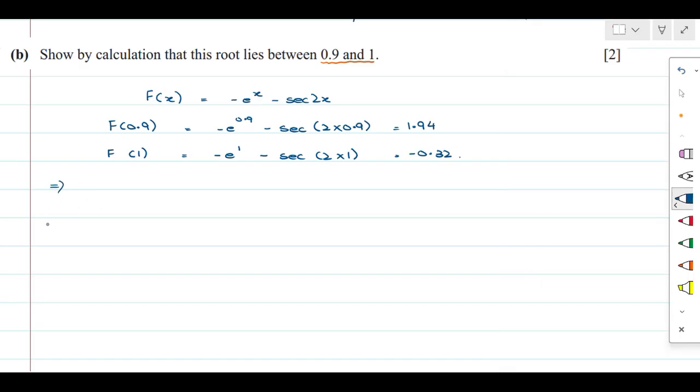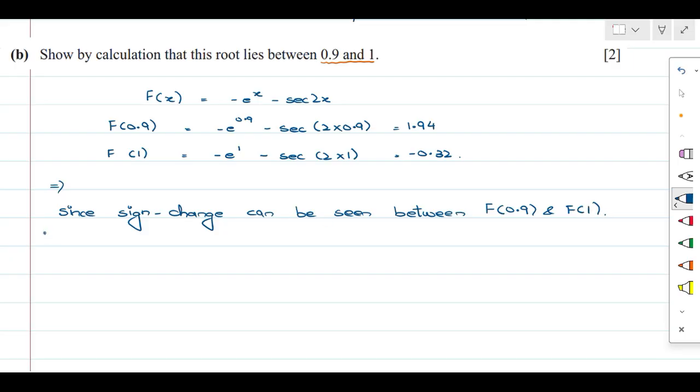So here we can say, since a sign change can be seen between the function value at 0.9 and the function value at 1, hence the root lies between 0.9 and 1.